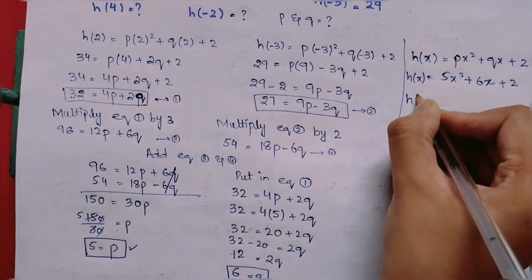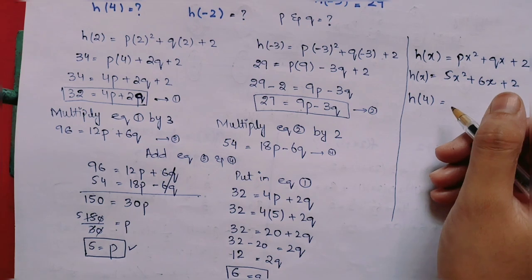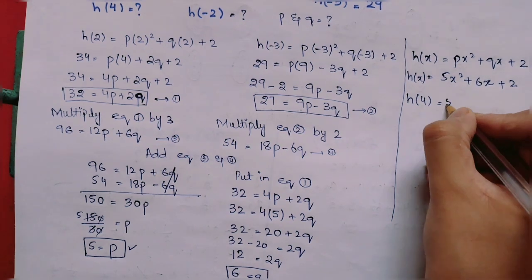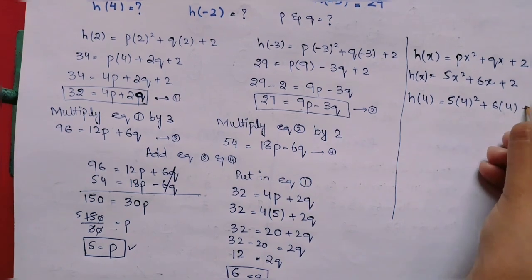Now you have to evaluate the value of h of 4. How do we do this? Simply in the place of x we put 4. 4 square plus 6 into 4 plus 2.